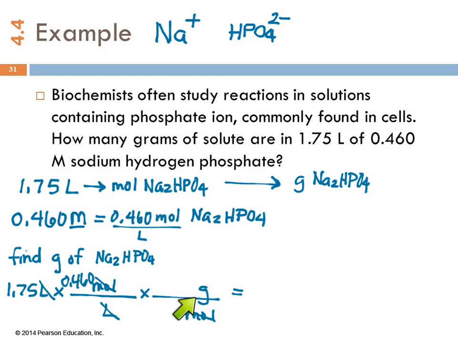What about this guy? What do we need there? Molar mass. We calculate a lot of molar masses.